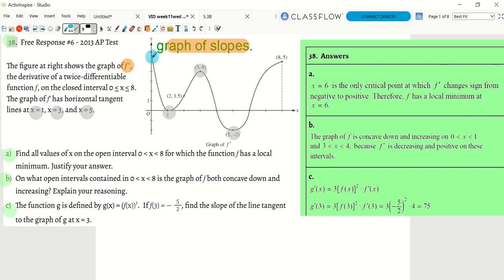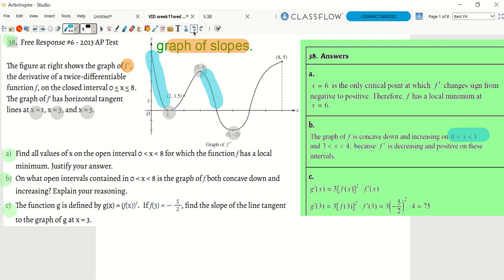Decreasing and positive is here and here. Do not include this, because even though this is decreasing, the slopes are negative there. So we're only interested in the x interval of 0 to 1 and 3 to 4, which is boom, boom.